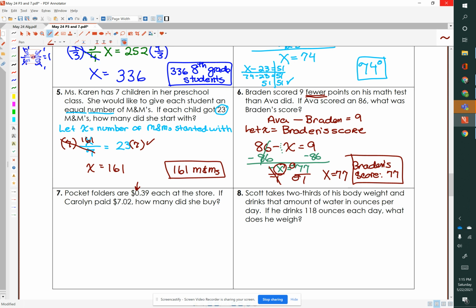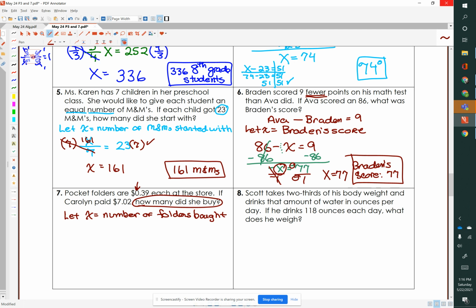39, but let's set this up as an algebra problem and let's let X equal the number of folders purchased, because that's what they're asking us. Number of folders bought or purchased, whichever word you want to use.